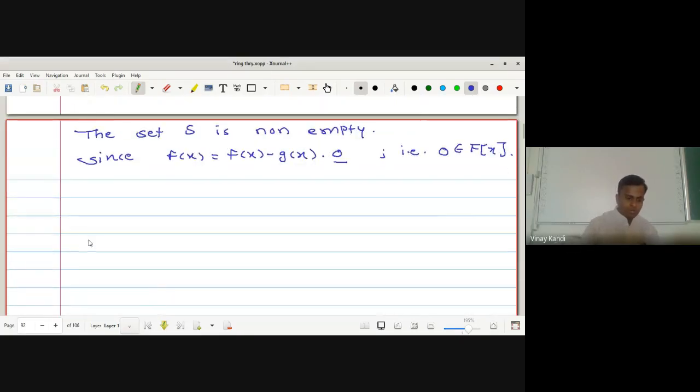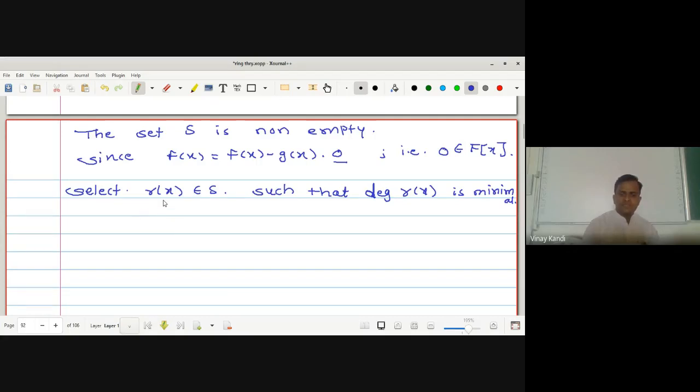Now select r of x belonging to the set S such that the degree of r of x is minimal.